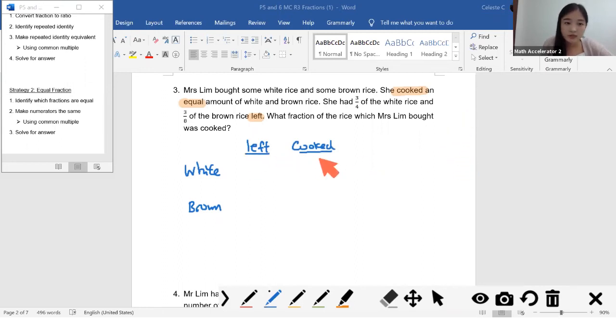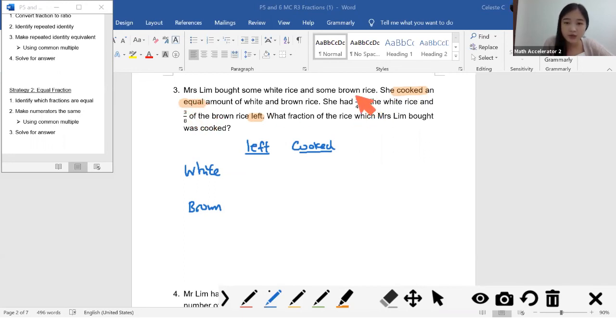Okay, which fraction is the one that's equal? Okay, so look at what you highlighted. Cooked is the one that is equal.